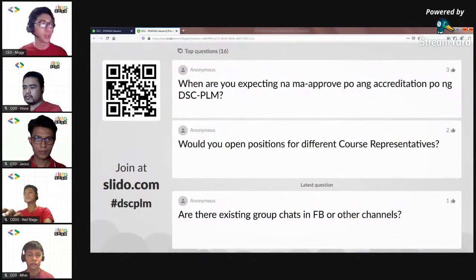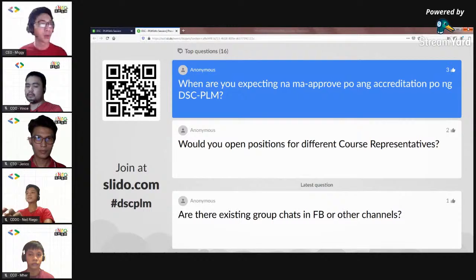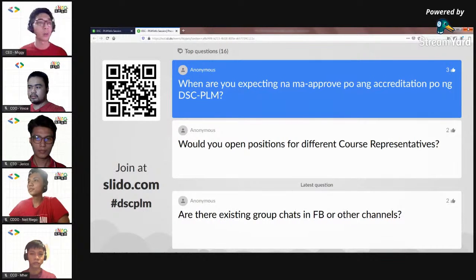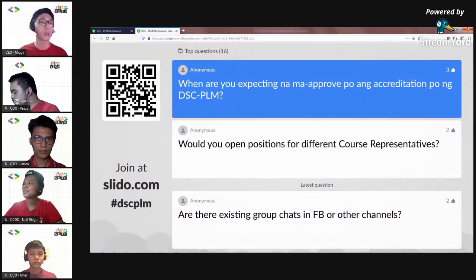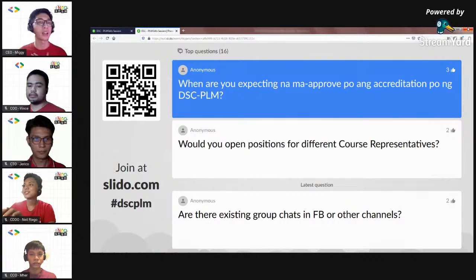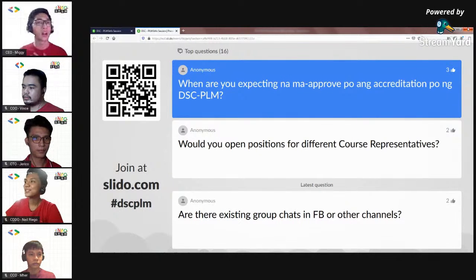Next one. When are you expecting na ma-approve po ang accreditation po ng DSC-PLM? As of now, wala kaming control. We don't have really solid dates in terms of the approval, but we are all hoping and praying that the accreditation comes as soon as possible because we, mga officers, would really want to jumpstart in kicking this DSC into our PLM community.